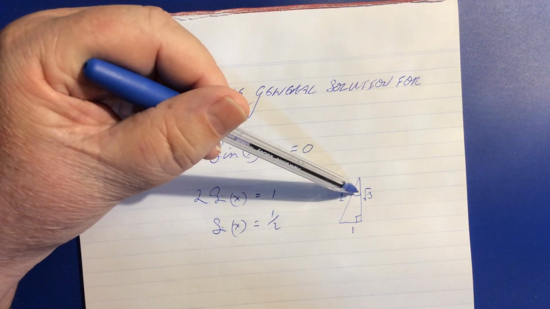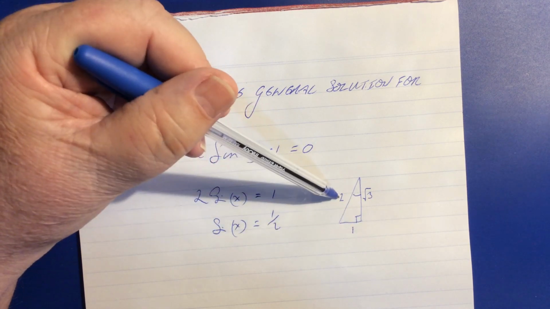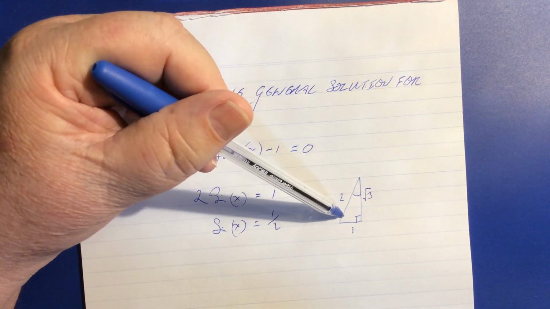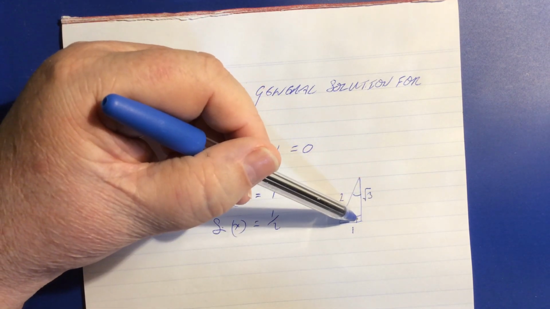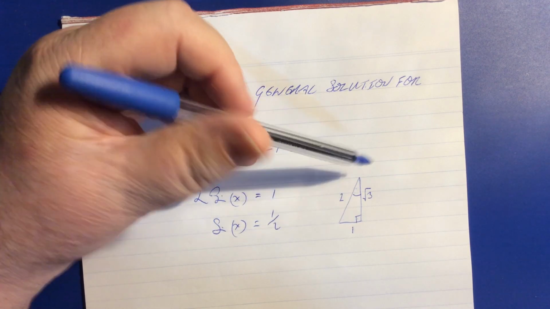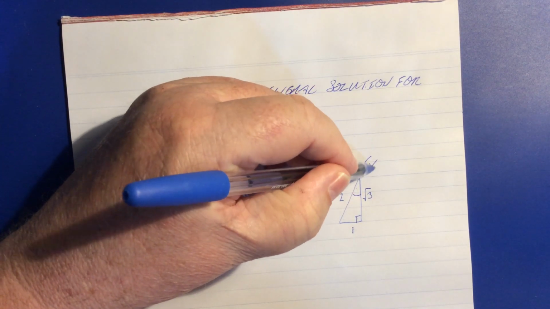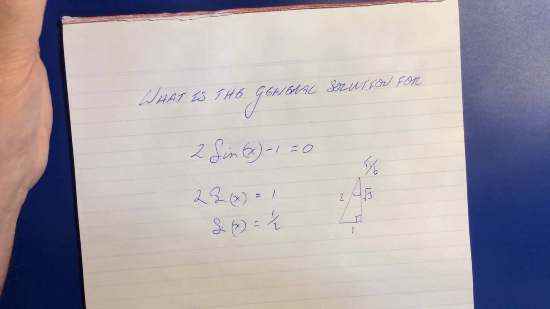But this angle here will have a sine of 1/2. And because this was half of an equilateral triangle, and this is 90 degrees, this will be 60, and this will be 30, which is pi on 6. So that's a starting point for us.